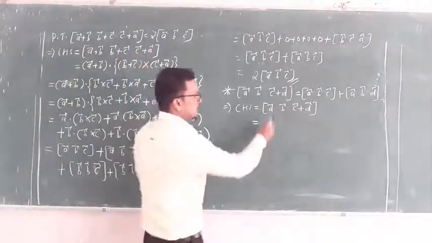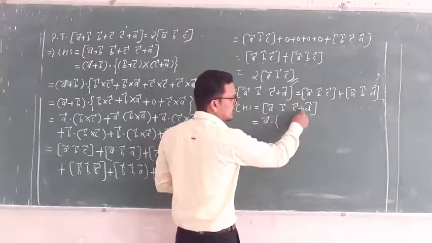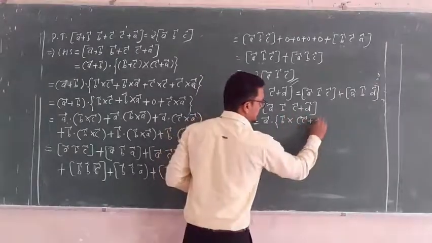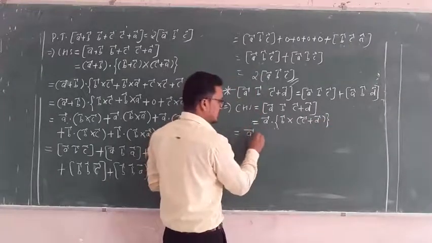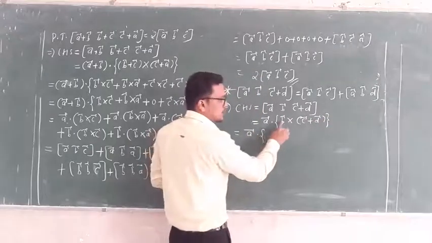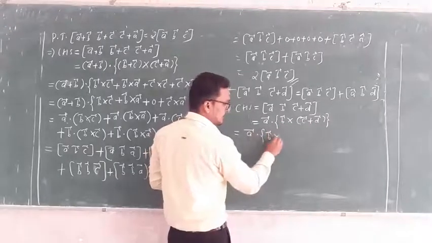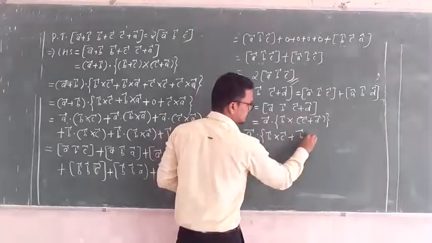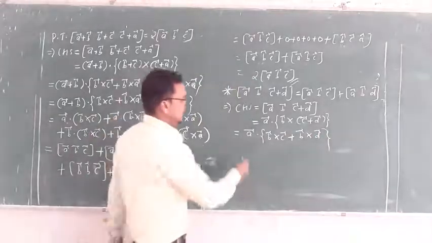Here also the same: first term as it is, dot the cross product of the next two, that is B cross C plus D. So which is equal to A dot, take the cross product inside the brackets, B cross C plus B cross D.